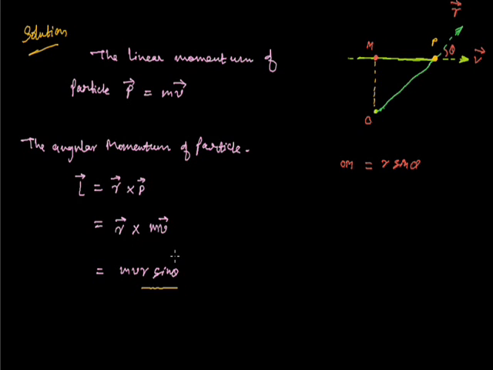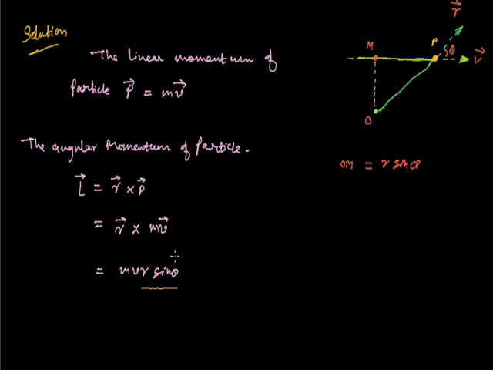The mass of the particle is not changing, it is constant. So if the three quantities are constant here, the mass of the particle, the speed of the particle moving in a circular motion with uniform speed, and the component of the position vector r sine theta, which is also constant because the angle theta between the position vector and the velocity vector is constant throughout its complete motion.